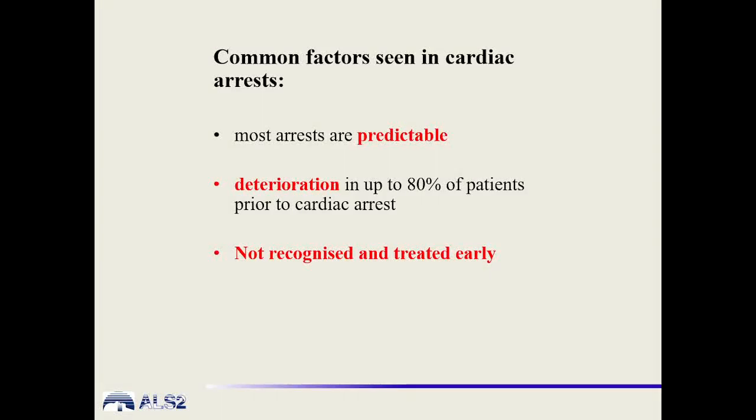But most of them, I don't believe it. 80-90% of patients tell you, we are deteriorating, we are arresting. But none of us are going to take any notice of those patients. That is the problem where the patients are, right? So what do we have to do for that?